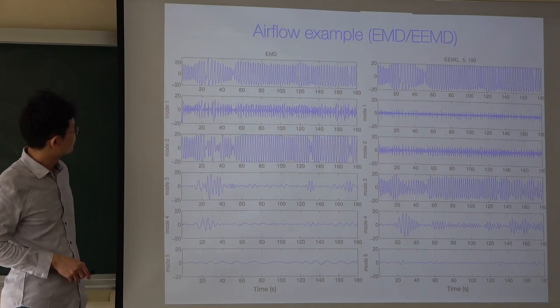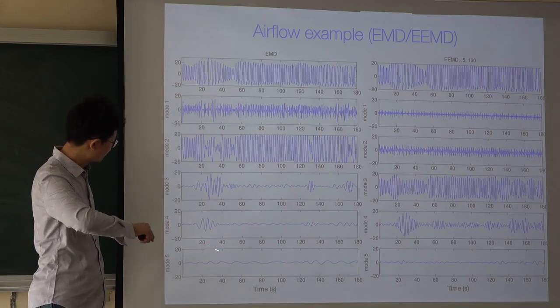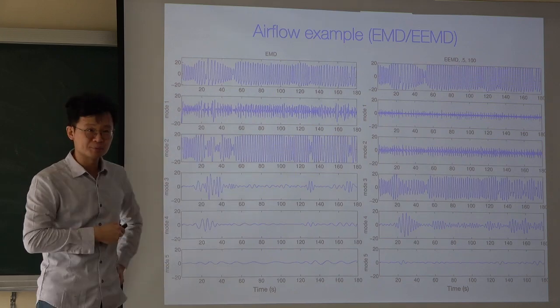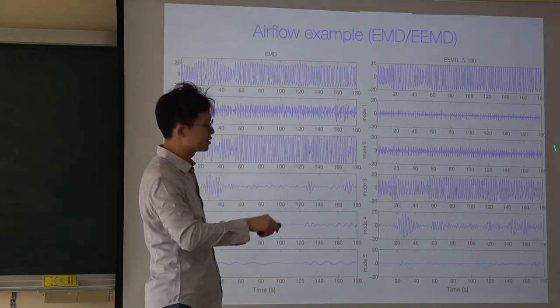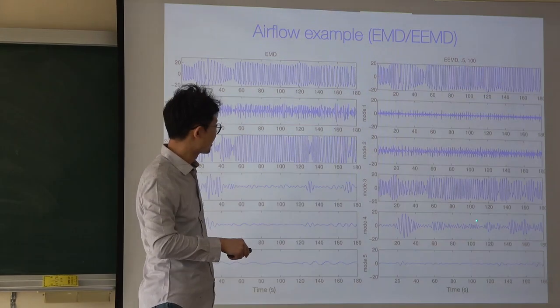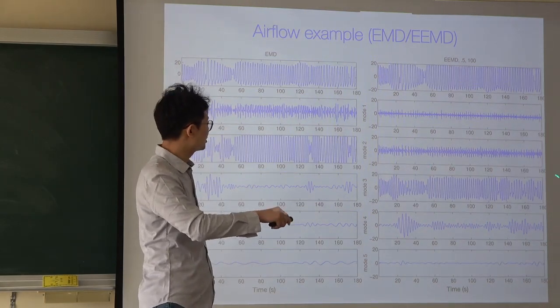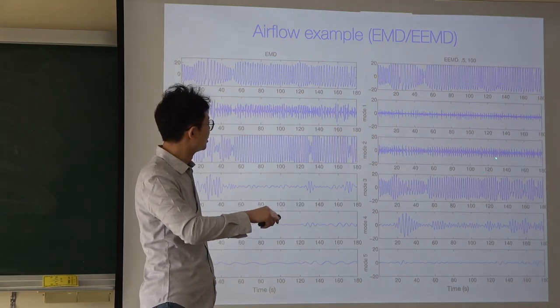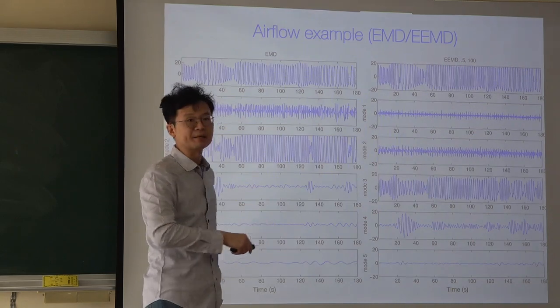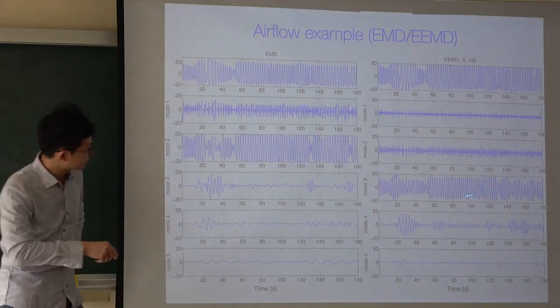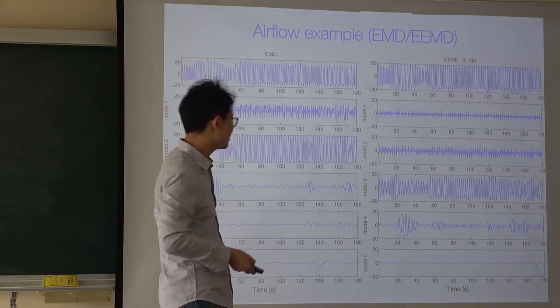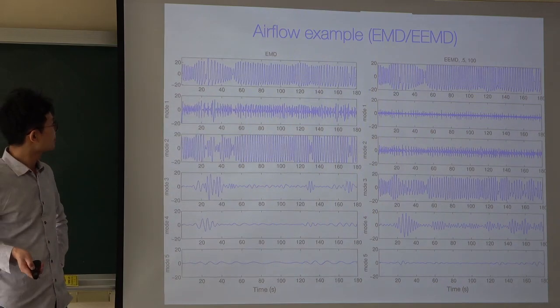And this is the airflow signal. And as I showed you before, it's hard to interpret. On the right-hand side, it is also difficult to interpret. In particular, this part is okay. But what's going on in the middle may not be perfect. The interpretation is okay, but challenging.